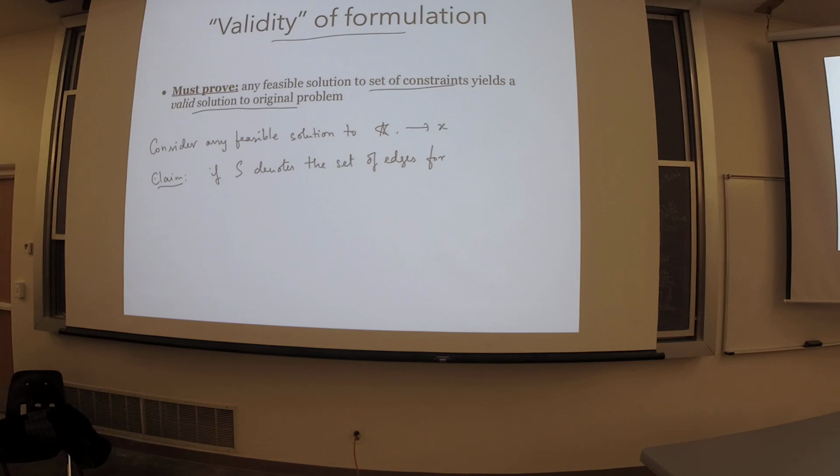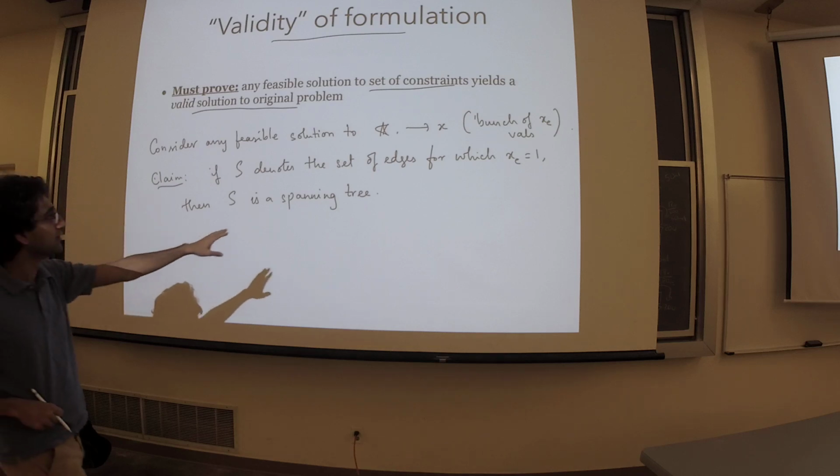X is just a set of xe values, a bunch of xe values that satisfy all the constraints. So if S denotes the set of edges for which xe equals 1, then S is a spanning tree. Okay, so this is the claim.